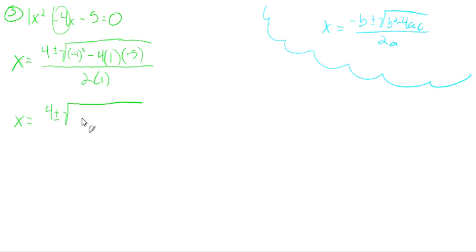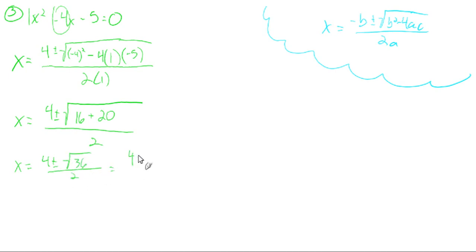So we get 16 minus, or plus, because we've got a negative times a negative, so plus 20 over 2. We have x equals 4 plus or minus the square root of 36 over 2.